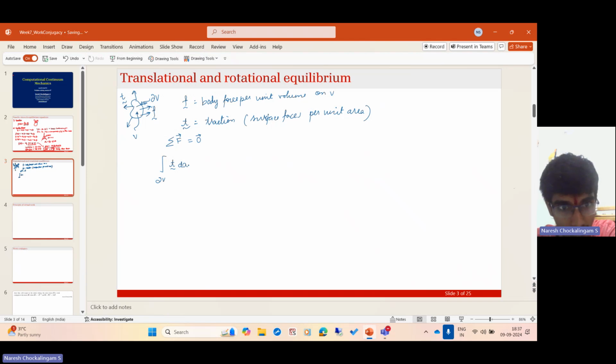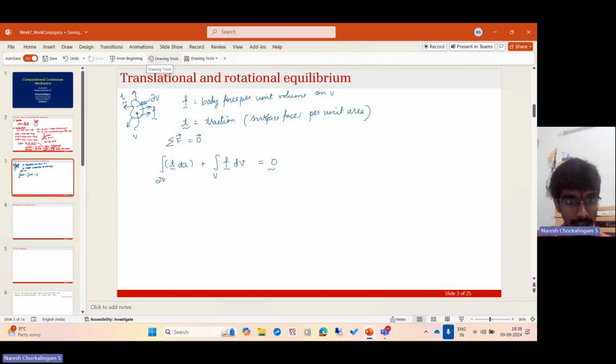Let me use small a for the area. This is an elemental force, integrated over the entire surface del V, plus the body force, the elemental body force is F dV integrated over the volume V. This should be equal to 0, which is a vector.